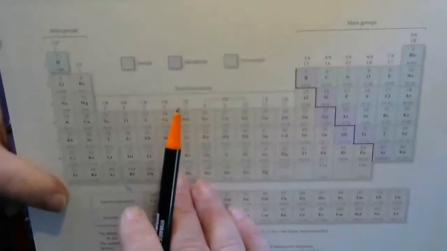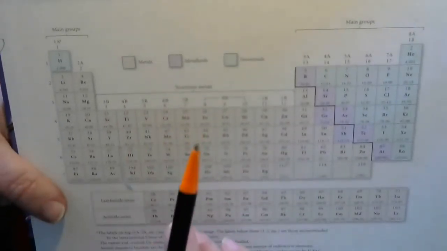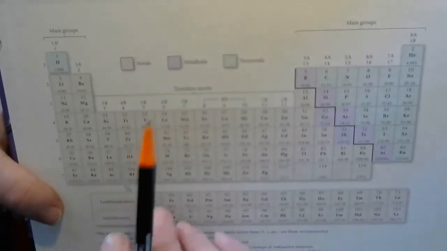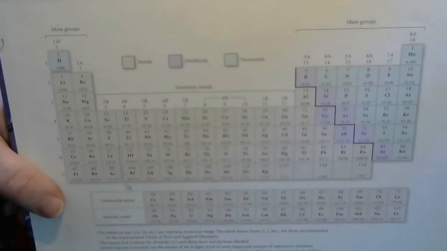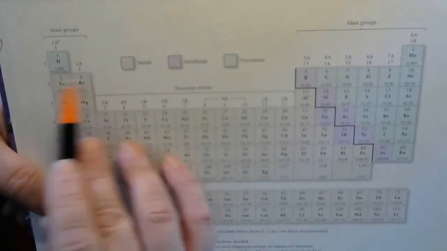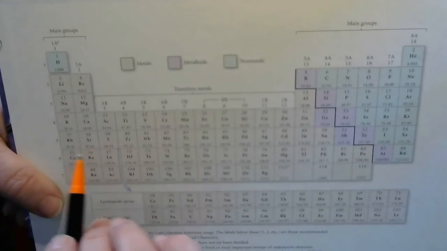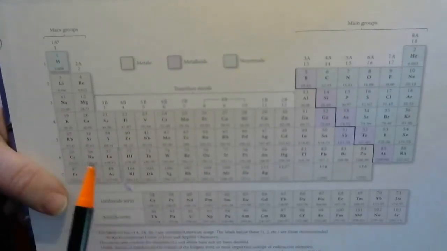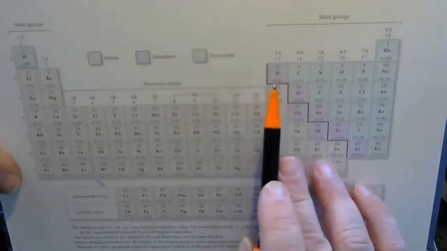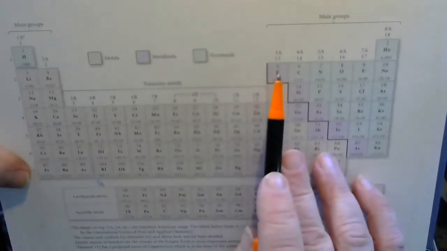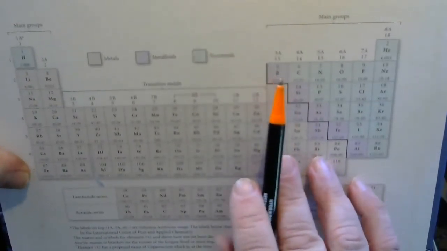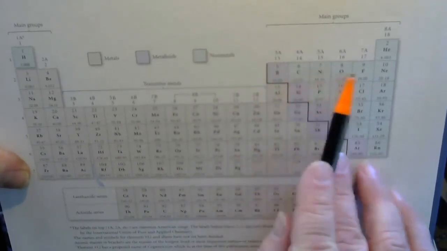Notice that for s orbitals, there's only one single s orbital in any given shell, and that can hold 2 electrons. Notice there are 2 elements in the s block for each period. For the p orbitals in any given shell that has them, you can hold 6 electrons. Notice how many elements there are in the p block: 1, 2, 3, 4, 5, 6.